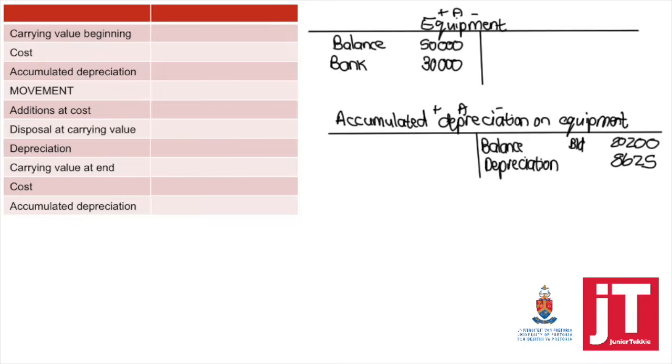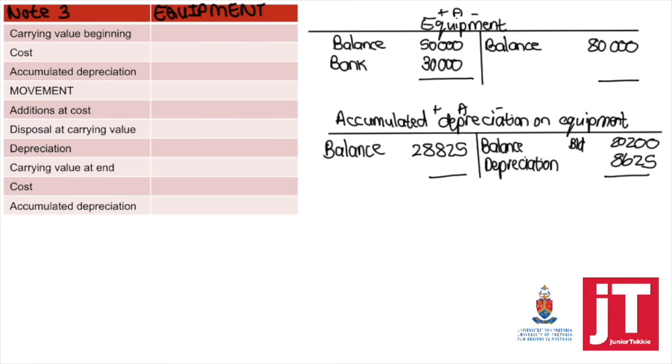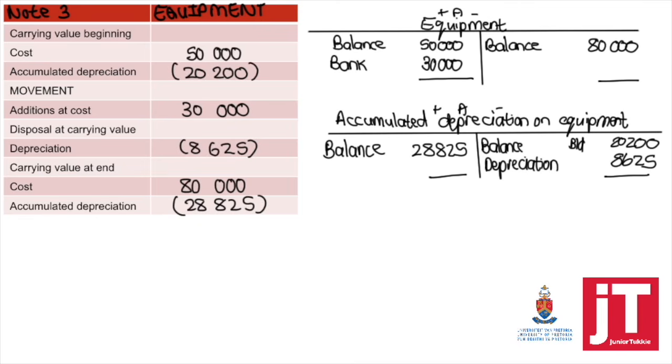166,792. Looking at equipment, the cost in the beginning plus additions equals the balance at the end. Accumulated depreciation, balance in the beginning plus the depreciation equals, there was no asset disposal, equals the balance at the end.